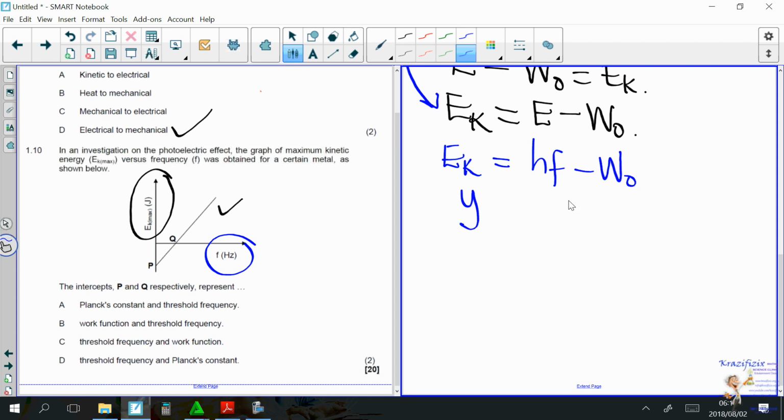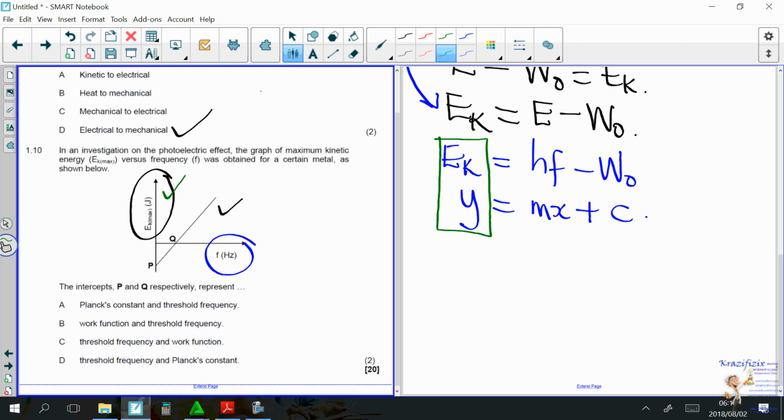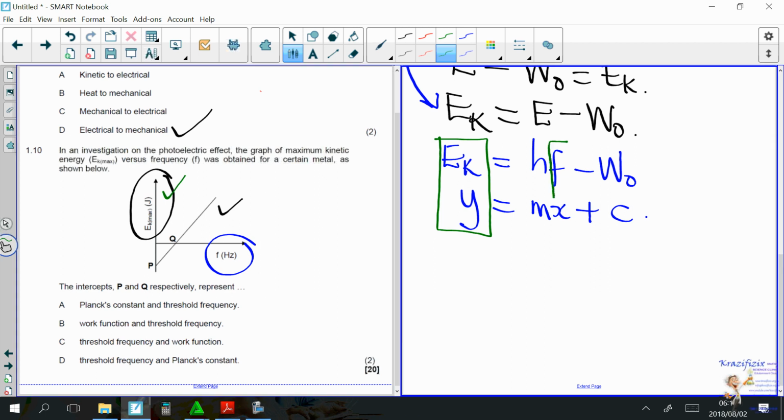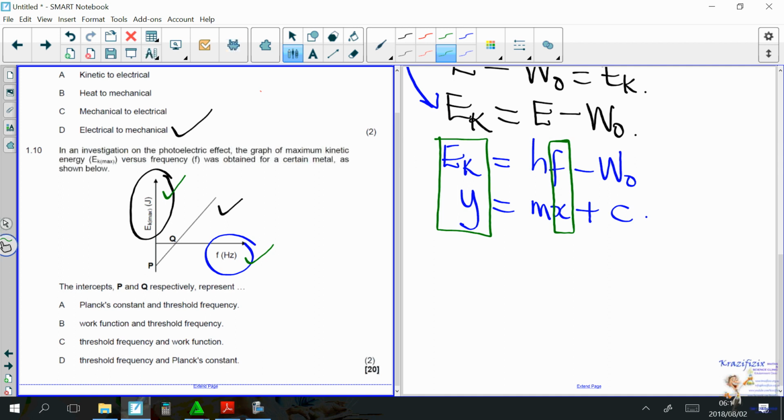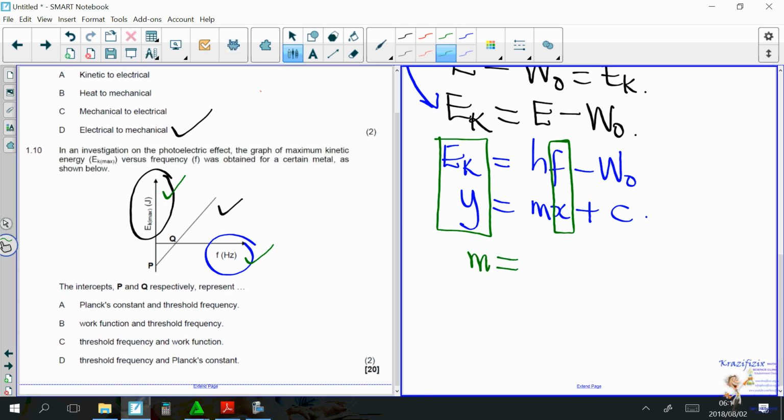Let's compare with y equals mx plus c. On my y, I've got kinetic energy. On my x, it's exactly where I want it to be: frequency. So what does it mean? My m, which is the gradient, is Planck's constant. And my y-intercept, which is c, becomes my work function.